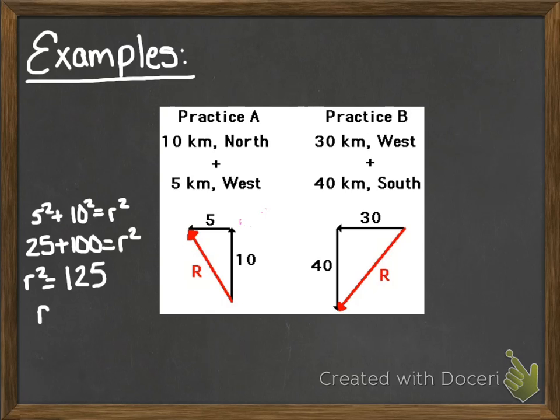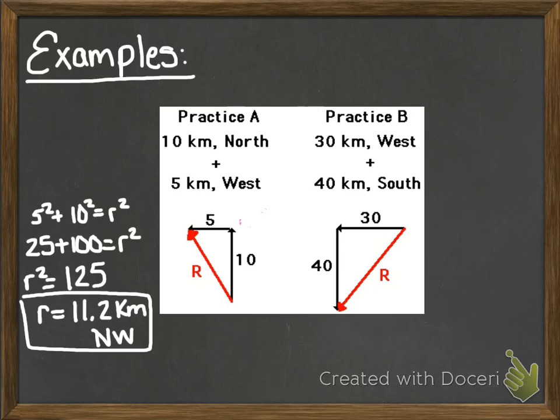It's labeled r, so I just did r squared. That's 25 plus 100 equals r squared. r squared equals 125. And r is going to equal 11.2 kilometers northwest. I found that by taking the square root of 125. So you will indeed have to use the square root button on your calculator, or if you're using my script calculator, you'll have to actually draw the square root of 125.